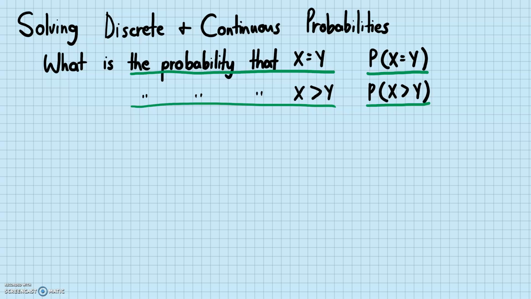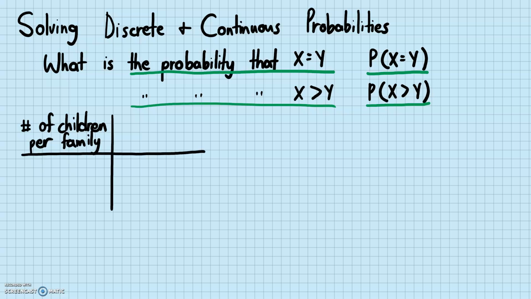So let's go back to the discrete probability that we've looked at on our last lesson. And that was this table right here, the number of children per family. And then we had the probability on the other side.